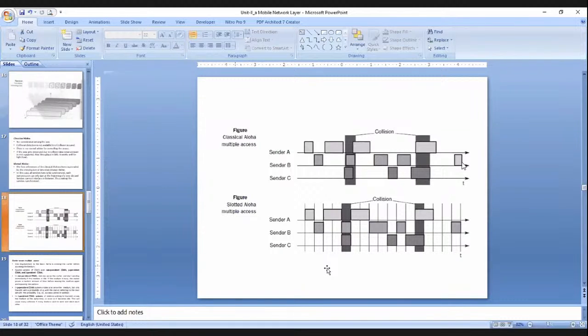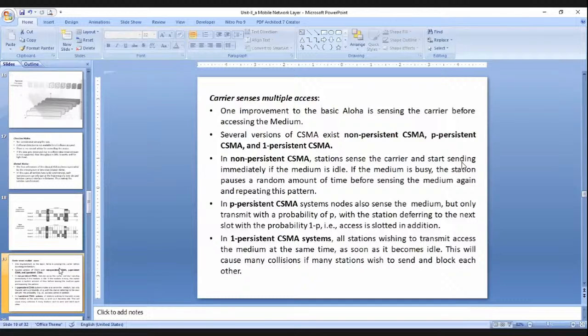So here comes the next technology, that is carrier sense multiple access. Here the problem in a medium is that, without sensing whether the medium is available or not, you send the data. You need to sense it first, and then if you send the data, there is no chance of having a collision. So the collision can be overcome when you sense the carrier, whether the carrier is free or not.